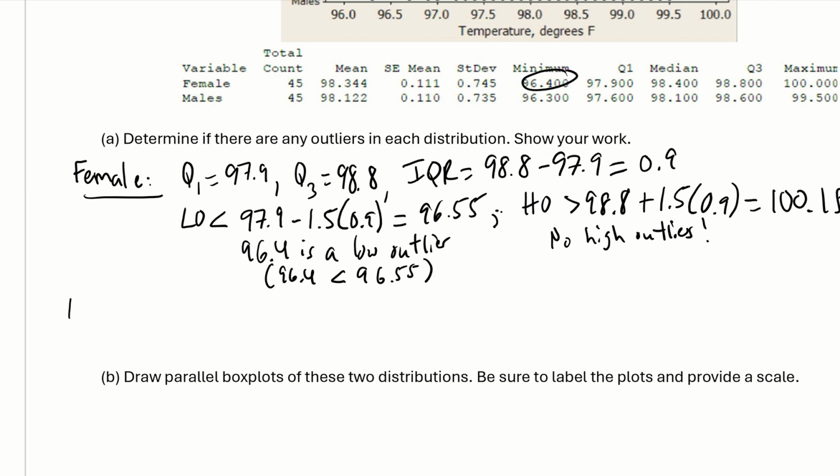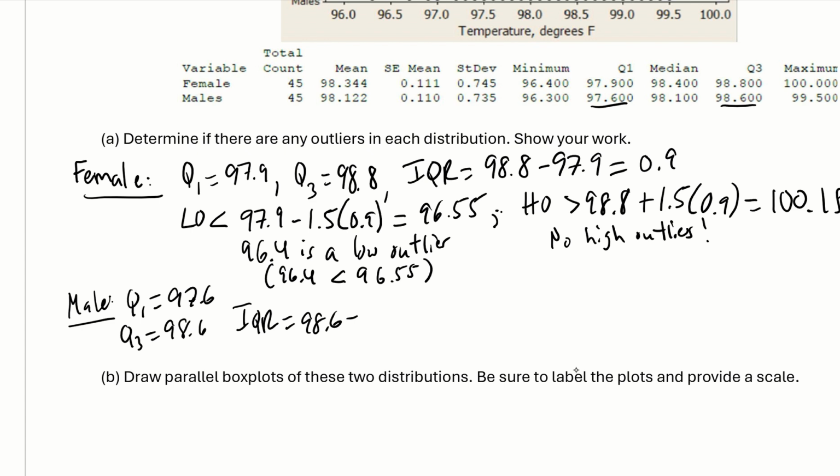And then for males, we repeat the same process. Q1 for males is 97.6. Q3 is 98.6. Subtract those and you get an IQR of 1.0, or just 1.